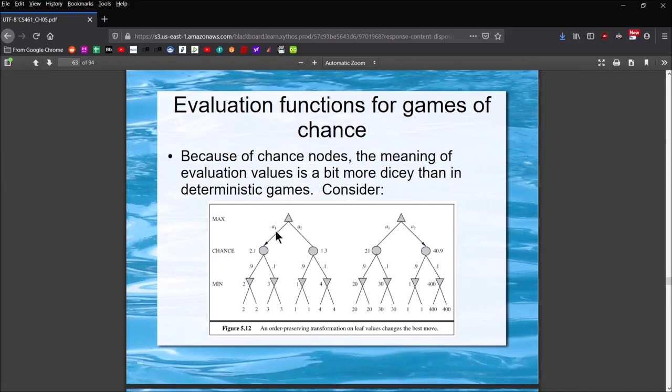And so Max is going to choose action 1 because the expected value is better. The expected result, no matter what Min rolls, is better than the expected result of action 2, the 90% hitting the 1, or the 10% hitting the 4.